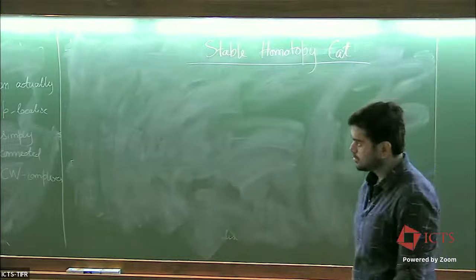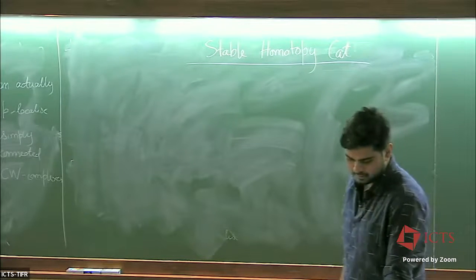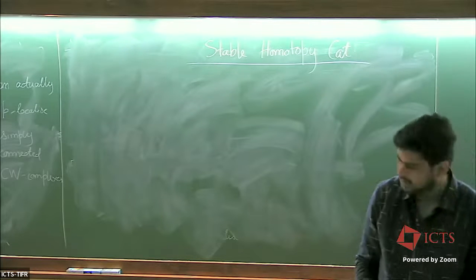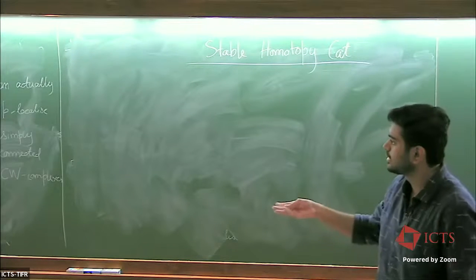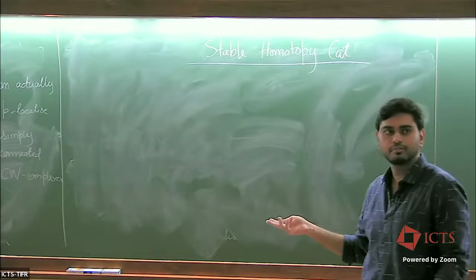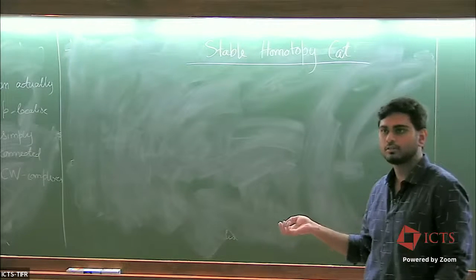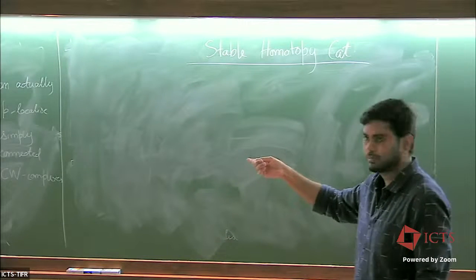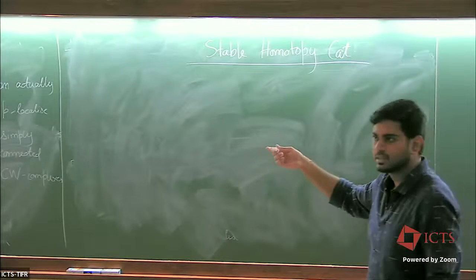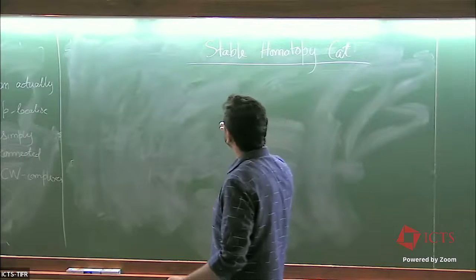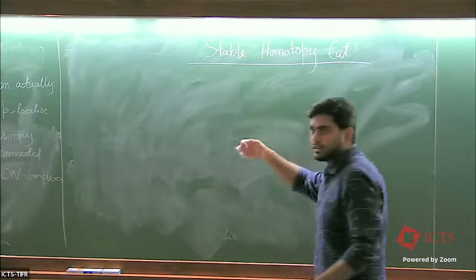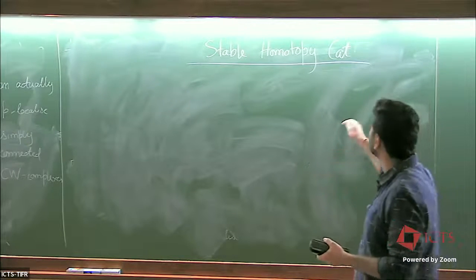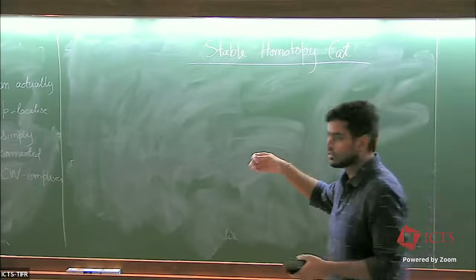In the category of spaces, there are quite a few stable occurrences, like the suspension isomorphism for homology and cohomology theory. And if you look at the stable homotopy groups, that also has stable behavior. By stable, I mean it somehow behaves well with the suspension of a space.